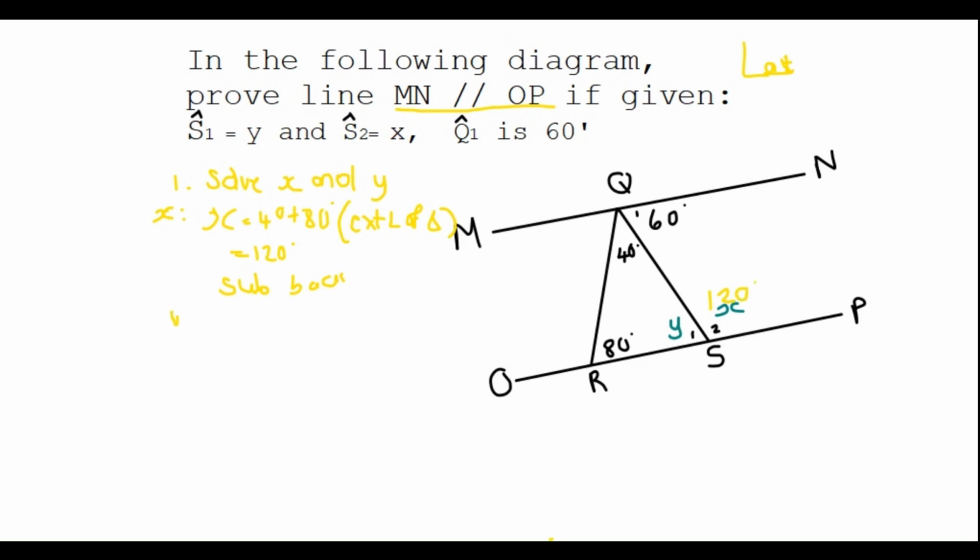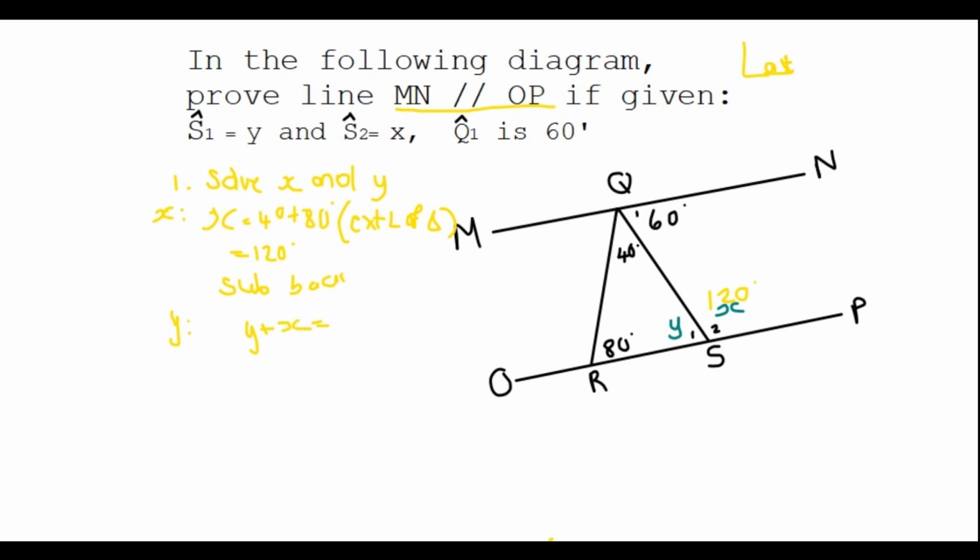Next, I find Y. Okay, since you've already found X, just look next to it. Always just look next to it, or on top or below, and you'll see that Y and X together form a straight line. And if I add these two angles, they should give me 180 degrees. Okay, cool. So let's write it down. If I want to find Y, I need to add Y and X together.